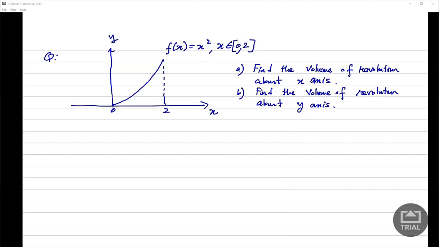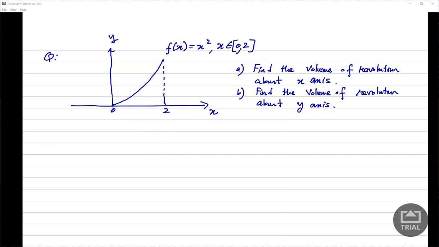So you can understand this is f(x) is equal to x squared. So volume of revolution about the x-axis. That means you have to have this, rotating about the x-axis. Right. So this is how the volume looks like.